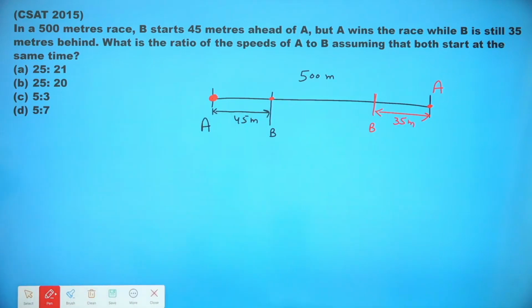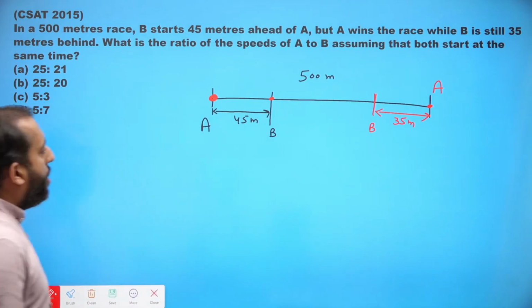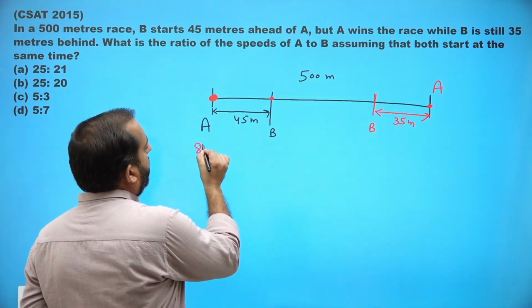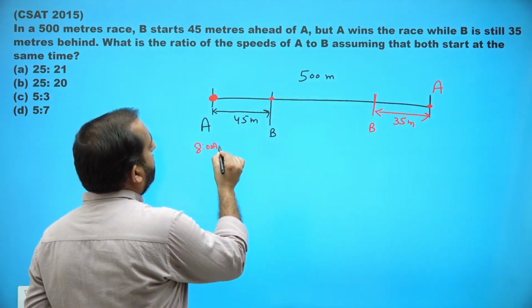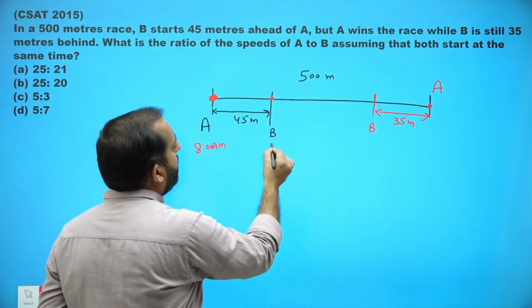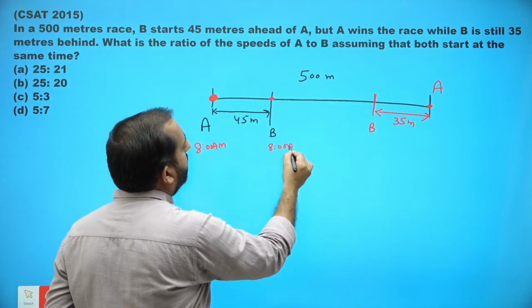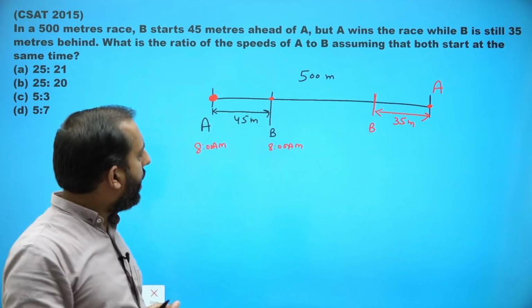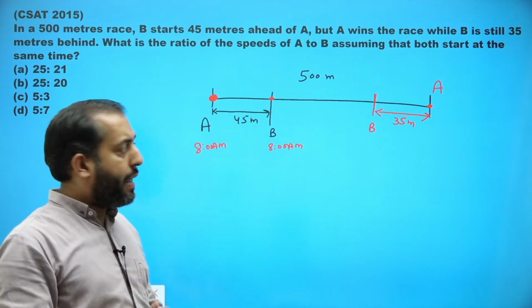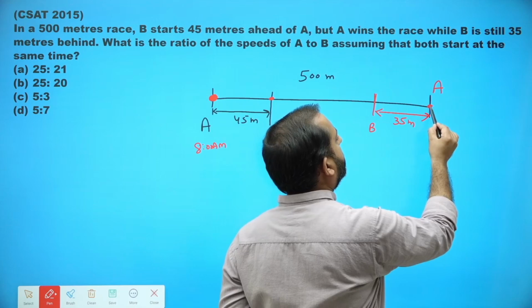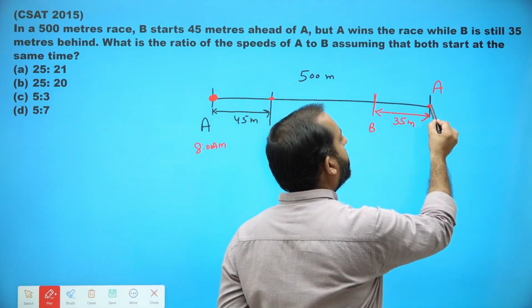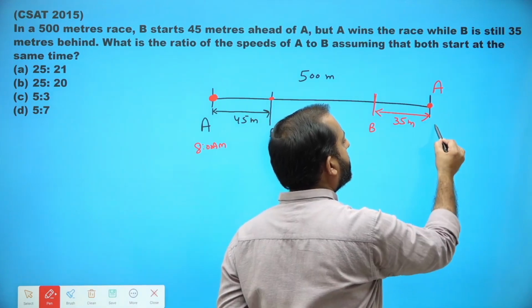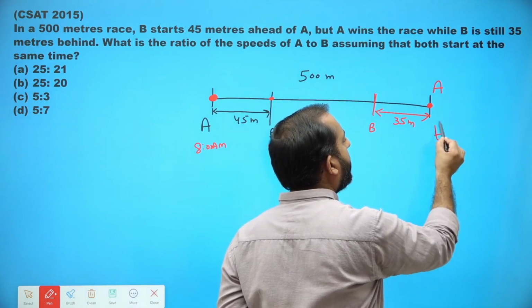What is the ratio of speeds of A to B, assuming that both start at the same time? Suppose A has started at 8 a.m. from this very point, then B will start at a point 45 meters ahead of A. Let's say A completes the race in T hours.